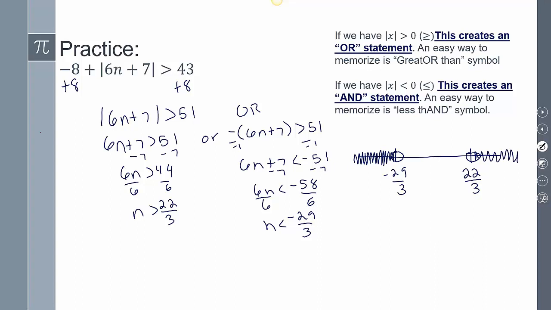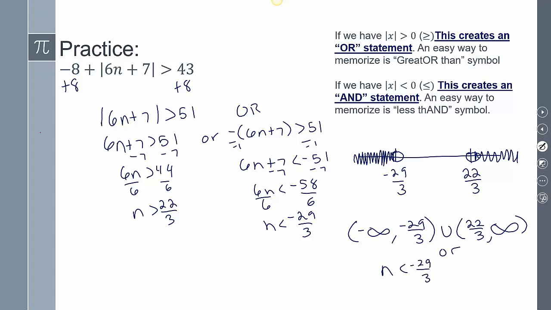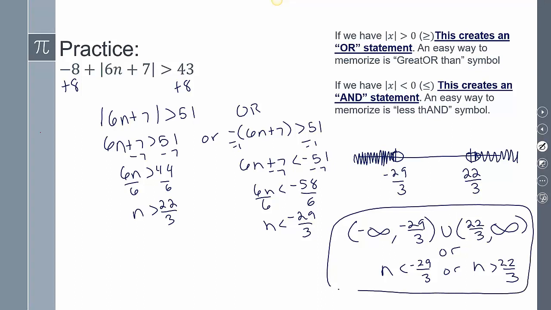It's union. So including both, I have negative infinity all the way to negative 29 over 3, union from 22 over 3 to positive infinity. Or I can say n is going to be less than negative 29 over 3, or n is going to be greater than 22 over 3. So both of these statements would be correct.